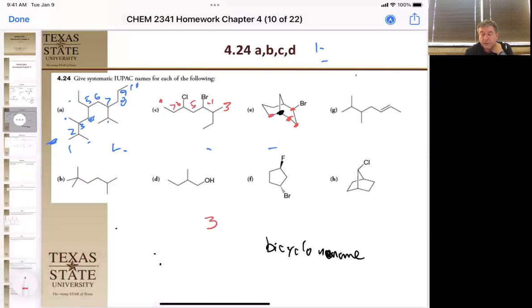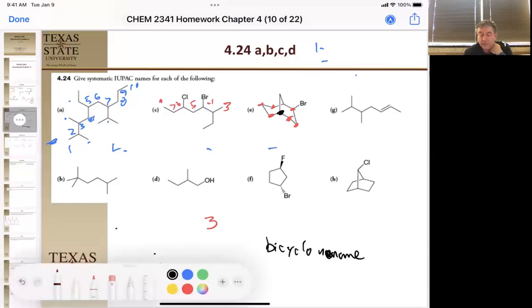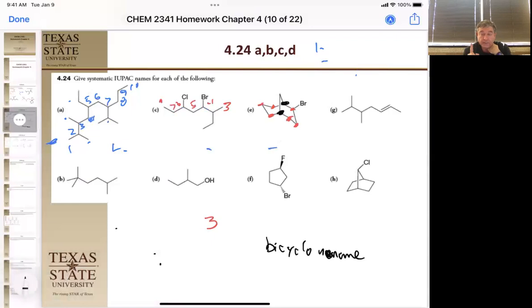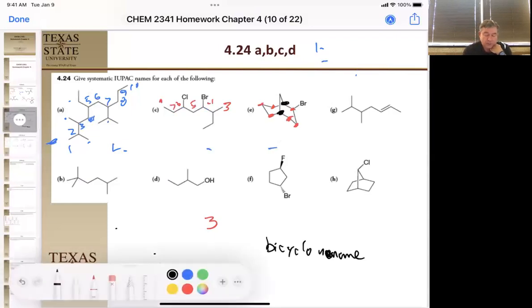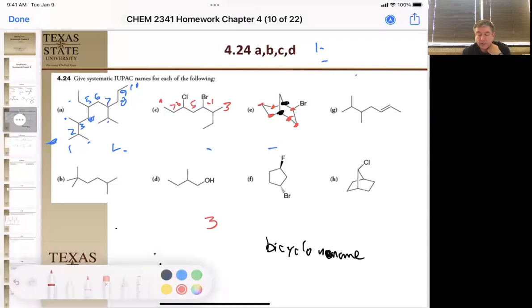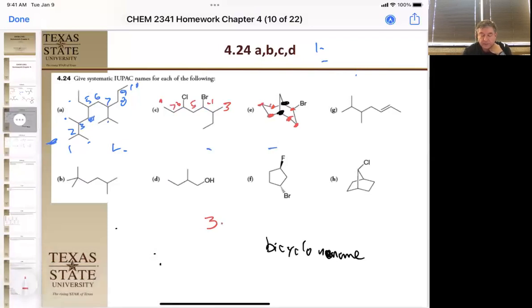You count over to the other bridgehead, but don't count the bridgehead. We're only counting the carbons in the bridge. So when we go over to this side, we go 1, 2, 3. So we have another 3. And our last bridge is 1. So this is our bracket for the bicyclononane, [3.3.1].